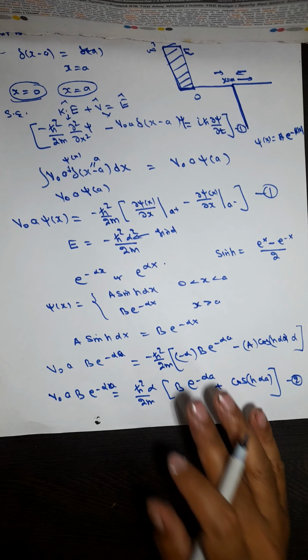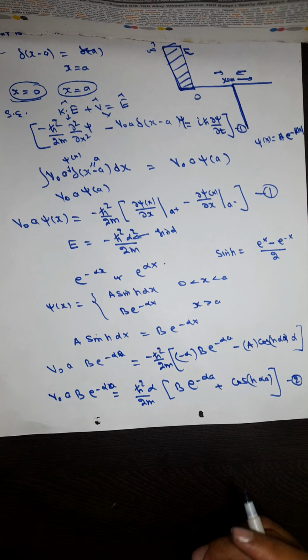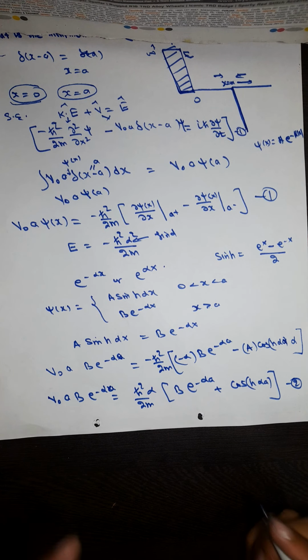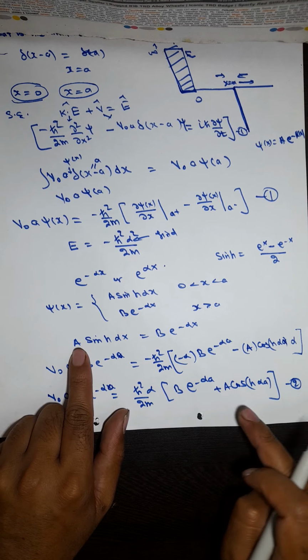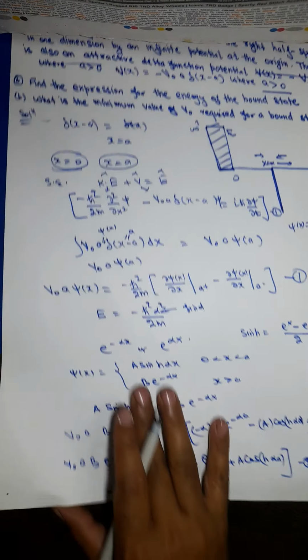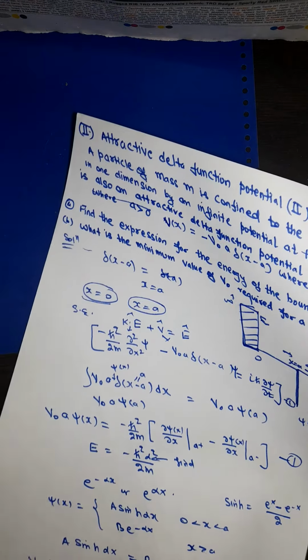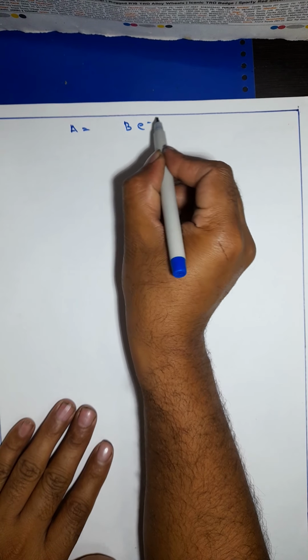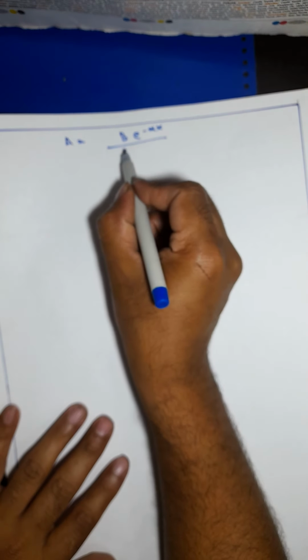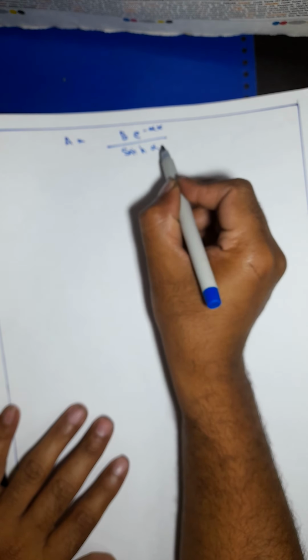So firstly we need to eliminate a or b, either one of them, from the first equation. Eliminate a from here: taking a outside, a is equal to b e raised to the power minus alpha a divided by sinh(alpha a).